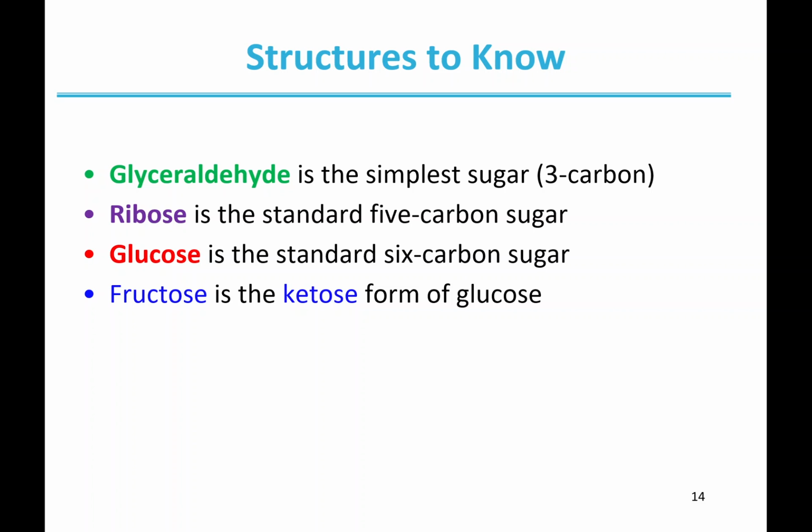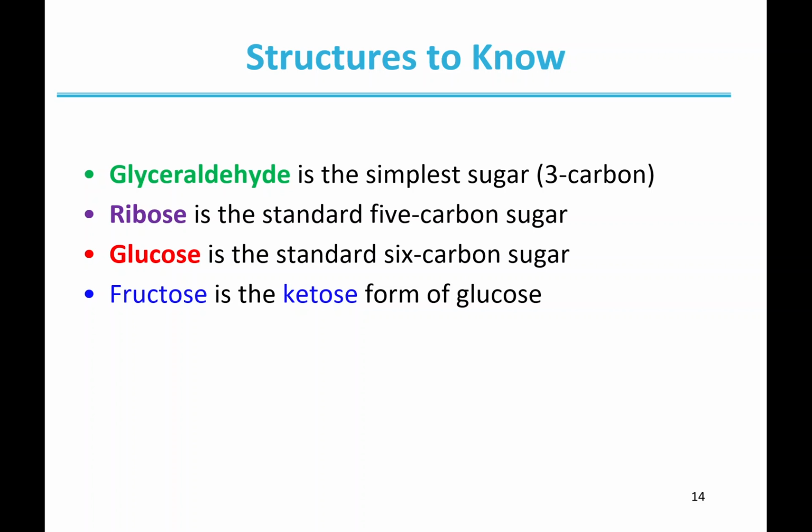Okay. So I get a lot of questions when I teach this part of the course, like, what sugars do you need to know? Which ones do you have to memorize? And really, I think there are only about 4 that you need to be able to draw or recognize and know the names of.